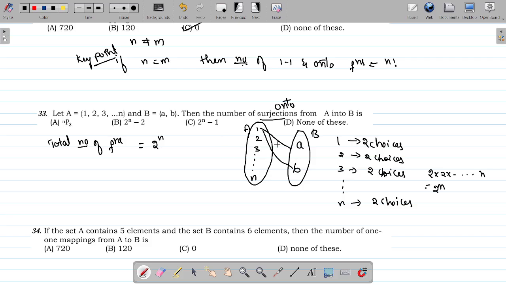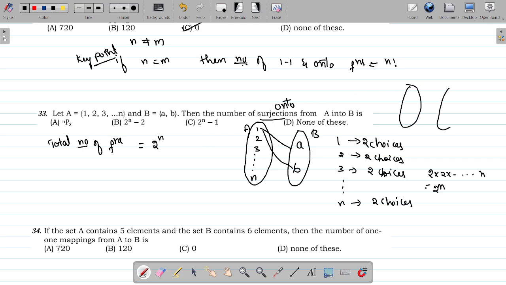This is the total number of functions, but they are asking for onto functions. So from the total number of functions, if we subtract the functions which are not onto, then we will get the total number of surjections, yes or no?